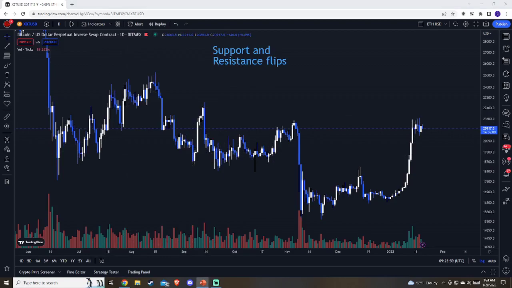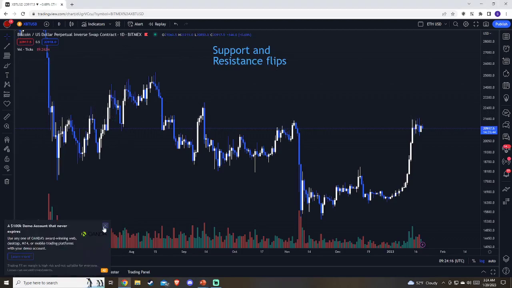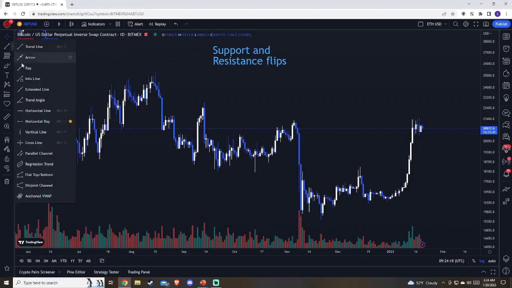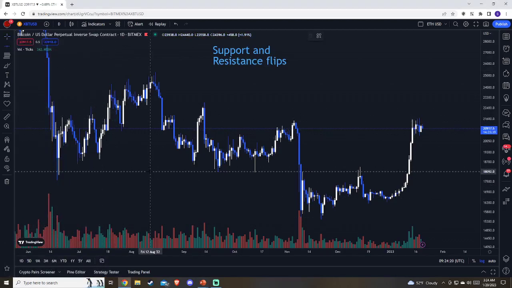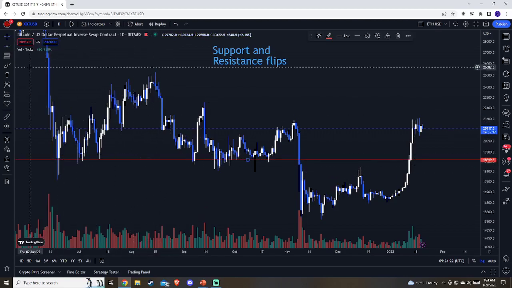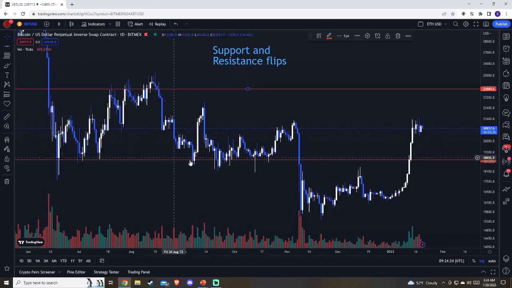Okay. So first, I just wanted to start off with a general understanding of what a support and resistance is. Before I talk about that, I want to make it clear that within supports and resistances, you can talk about it in two ways. You can have the support down here and then the resistance up here, very standardly, when we're looking at it from a down-up point of view.